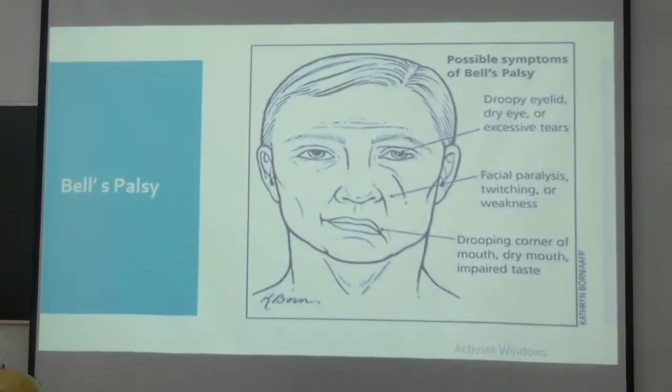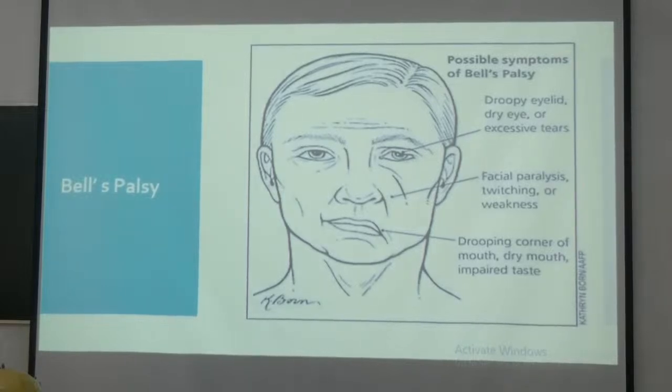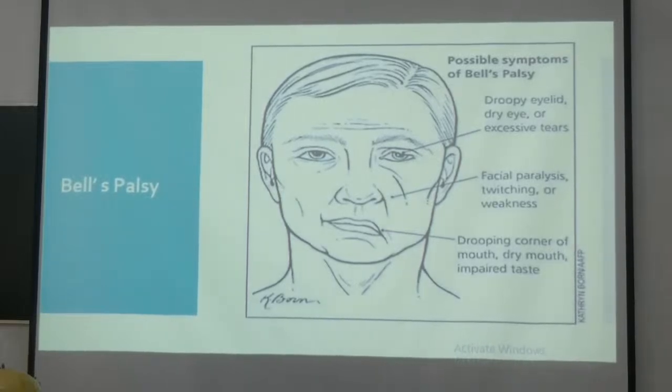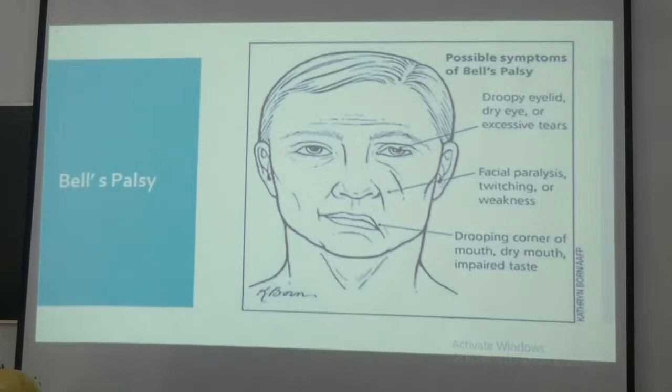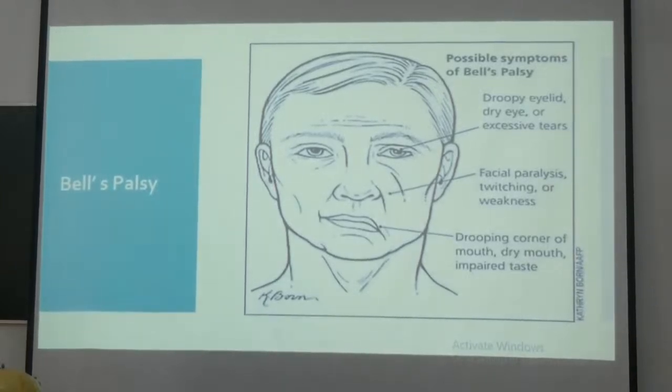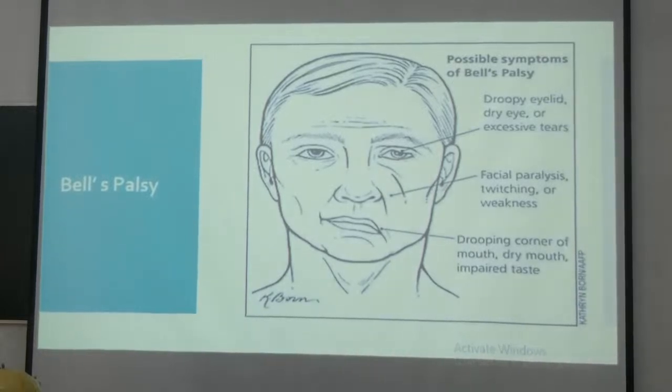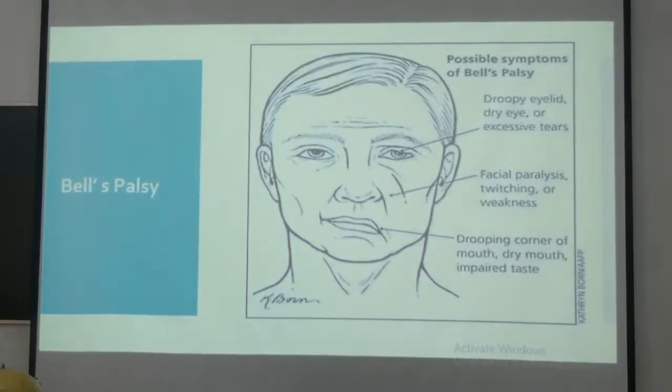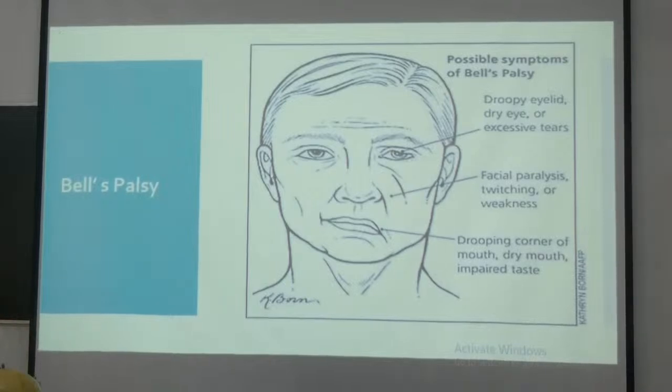Okay, then next one is the facial paralysis. Now tell me which side is affected over here? So the left side has been affected because this side shows no changes.